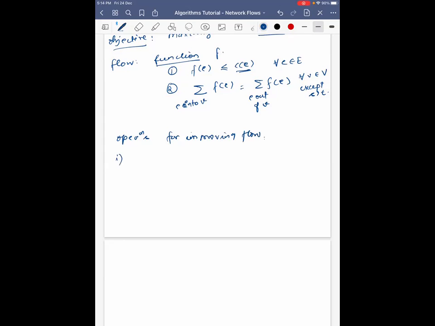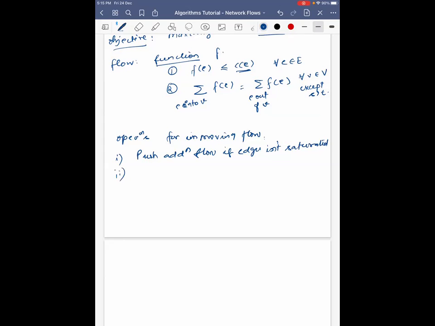The first is that if an edge is not completely saturated, then there is still some scope of pushing additional flow across that edge. If I can push additional flow across an edge, then I would always try to do that. So that will be the first operation: push additional flow if the edge isn't saturated.